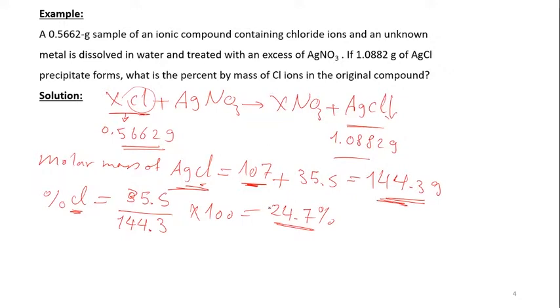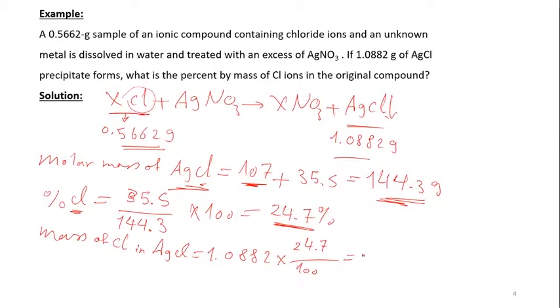Now I know the percent by mass theoretically. If I compare it to the obtained one, the mass of chloride in AgCl would be equal to the weight of the sample that I collected multiplied by the percent of the chloride ion divided by 100.